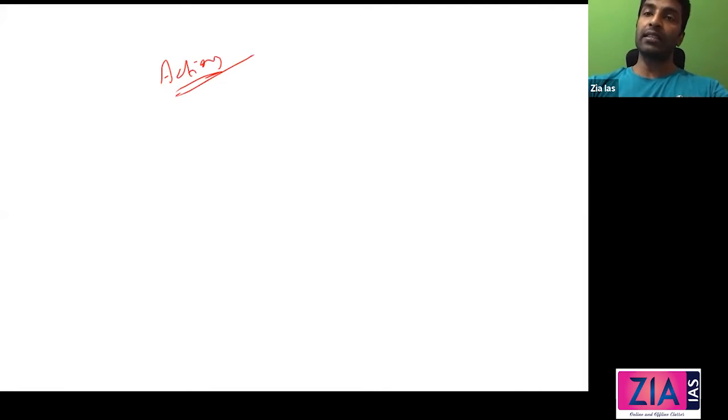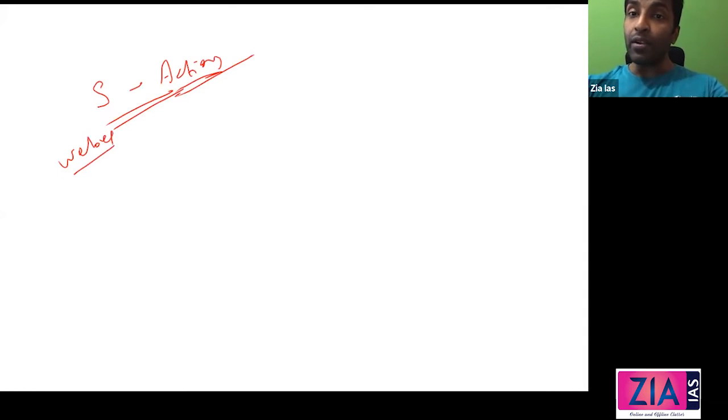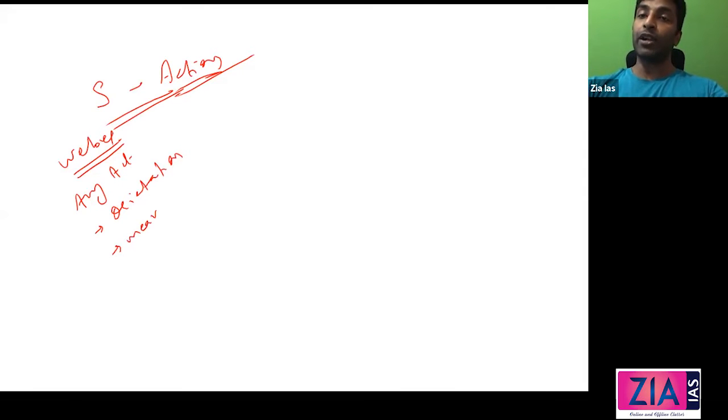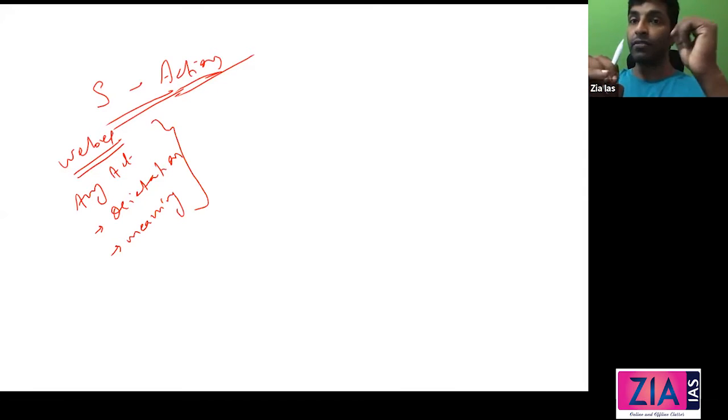So what we discussed in social action, when we discussed Weber, we have seen any act is social, provided there should be orientation, and there should be attachment of meaning, right? So this is what we have discussed under Weber.